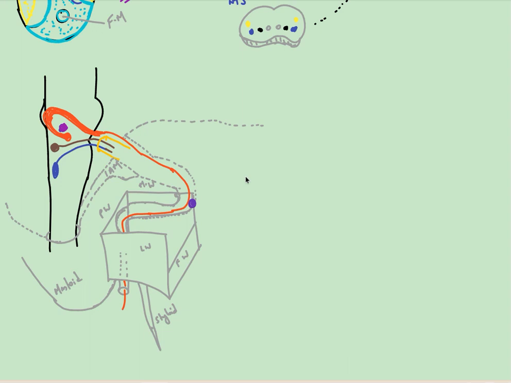I hope you have heard it sometimes. What do you mean by the word genu? Are you aware of the word genu? If you look at the corpus callosum in your brain, if you have studied neuroanatomy, it has two parts. The anterior part is called the genu, and the posterior part is called the splenium. So what is the meaning of the word genu? Are you aware of that?